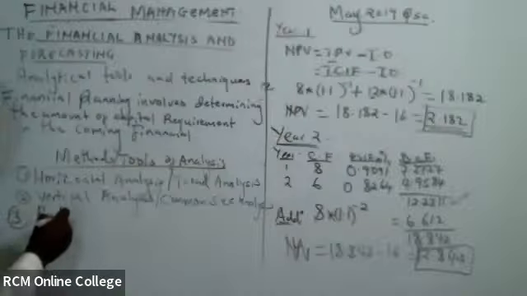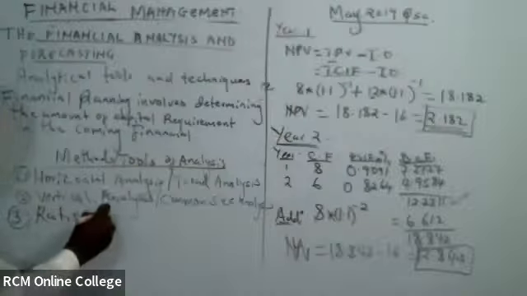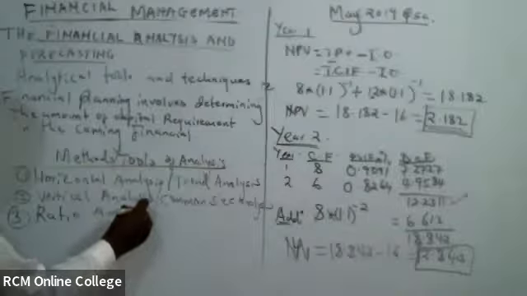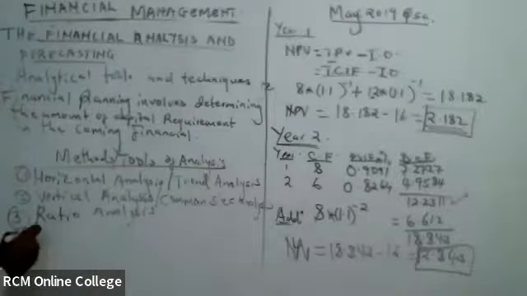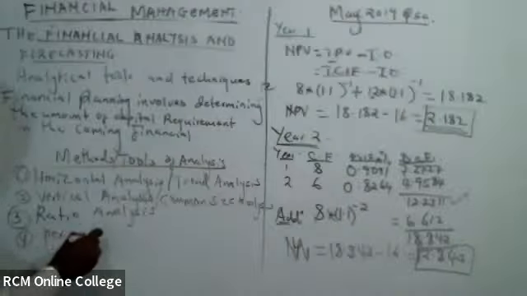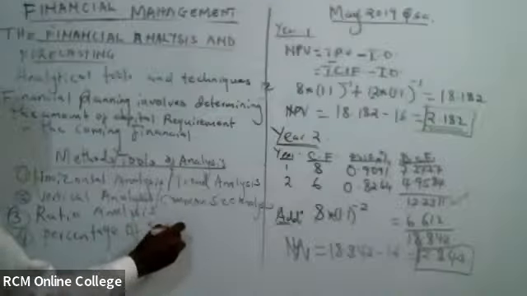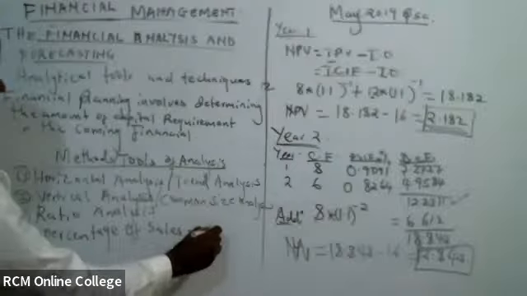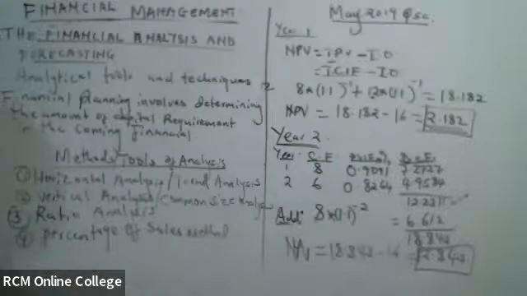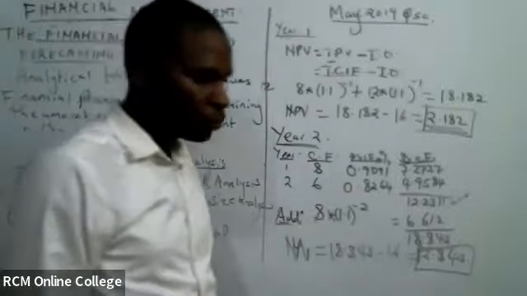analysis. Ratio analysis. And we have the percentage of sales method. The percentage of sales method. So the 4 are the ones that we are going to look at.